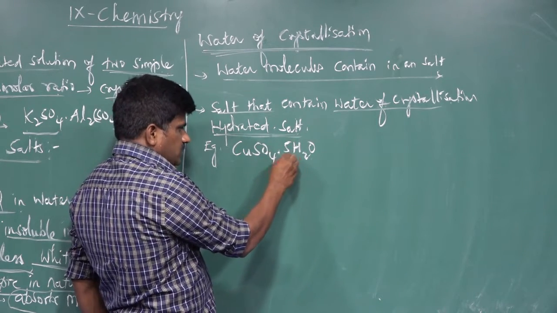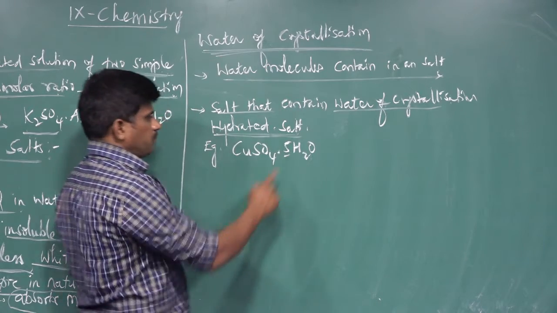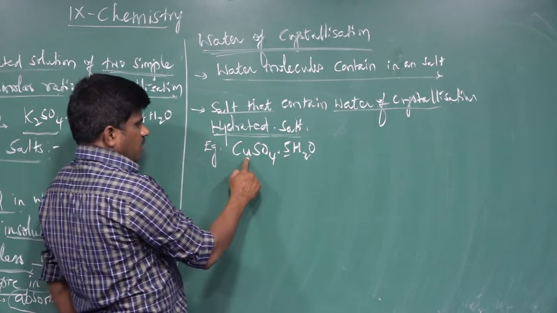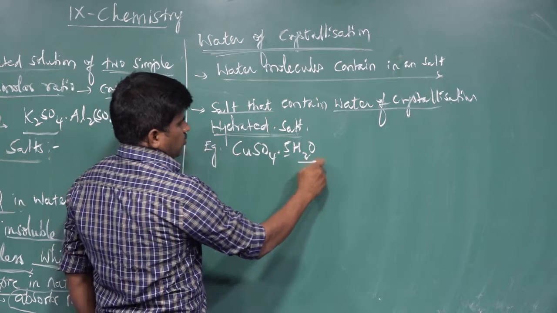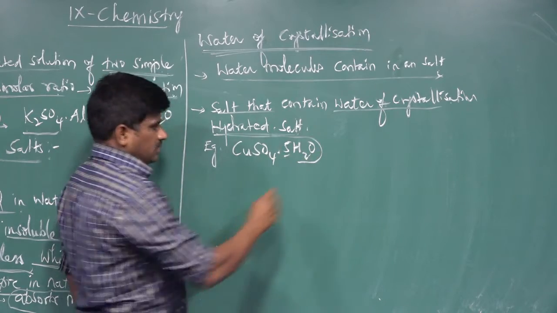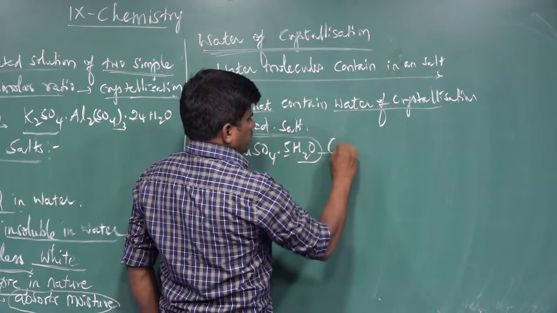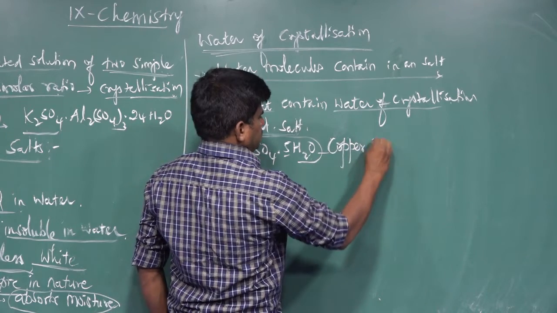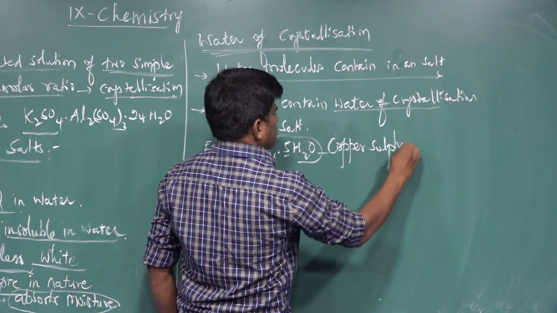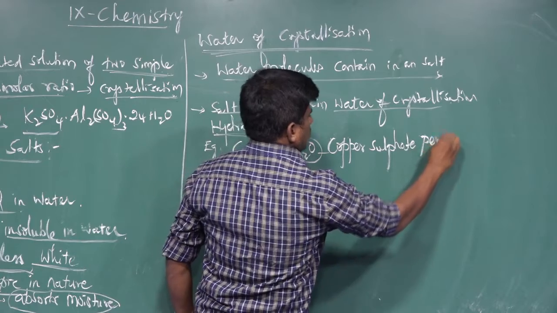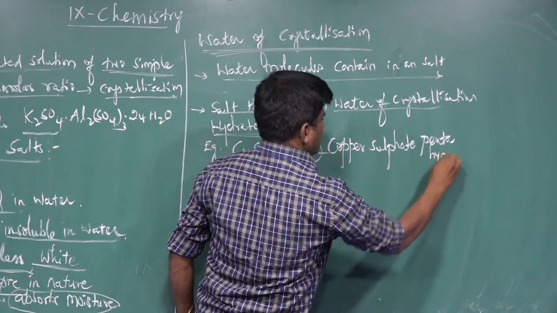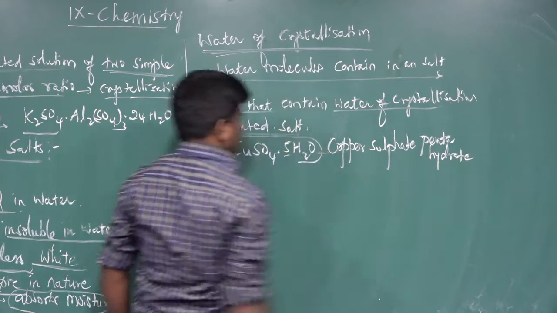The 5 is named penta, and the water molecule is named hydrate. So this is named copper sulfate pentahydrate.